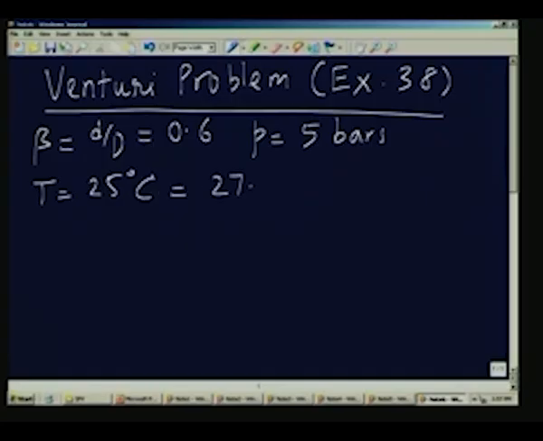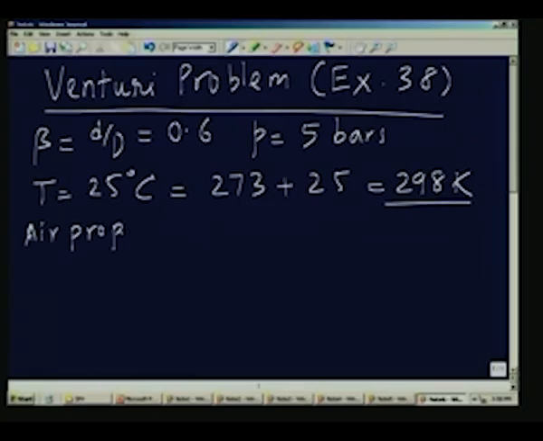So I will convert it to Kelvin. It is 298 Kelvin. So the air properties are evaluated at this pressure equal to 5 bars and 298 K. In fact, I have taken the properties from a table of properties, and directly I will give the values.